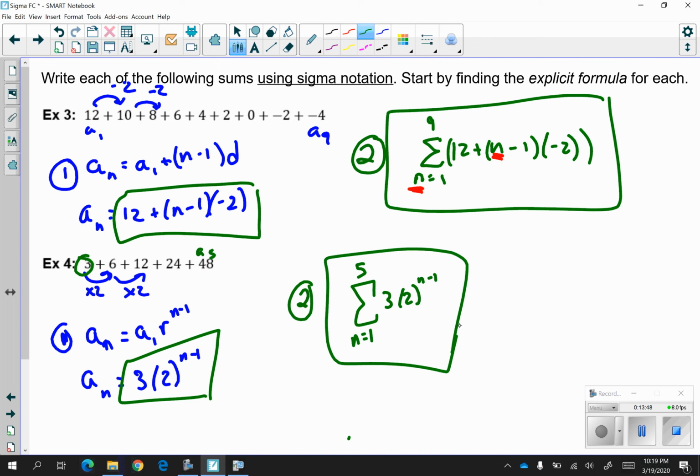If they're asking you for a formula, use the one on your reference sheet that we talked about in the previous video. However, that formula can only be used for geometric series, whereas summation notation can be used for geometric, it can be used for arithmetic, it can be used for additional ones, right? That's not arithmetic nor geometric.